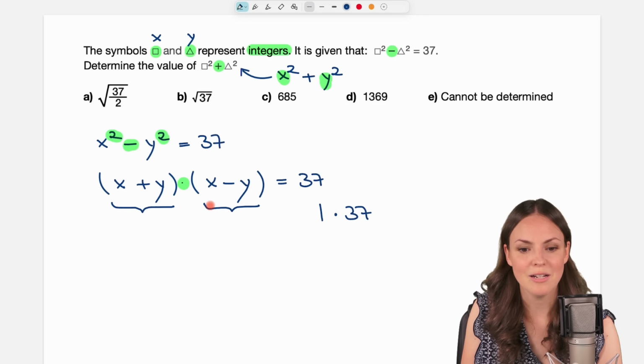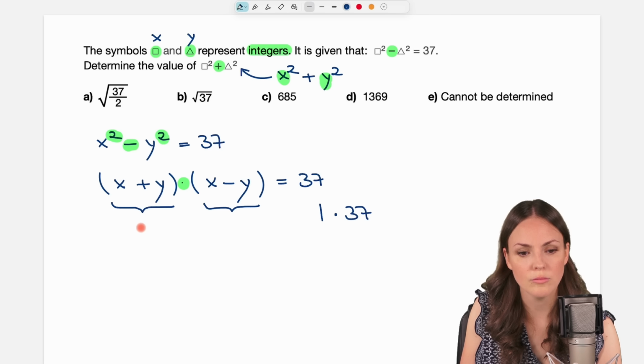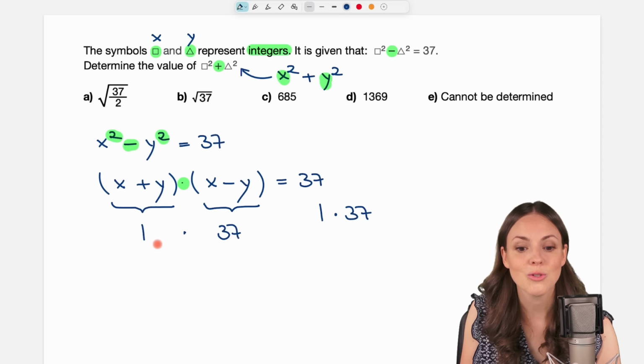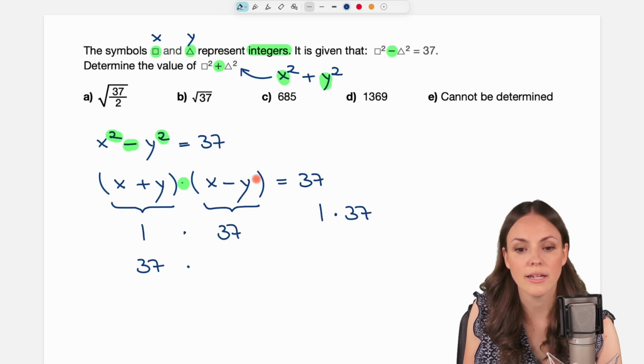So for the numbers on the left side, which possibilities do we have to get 37? One of the possibilities is that my first number is a 1 and my second number is a 37. But I could also switch these two numbers. So maybe the first number is the 37, and then I multiply it by the second number, which has to be a 1. Are these all possibilities? We work with integers here, so we also have negative numbers.